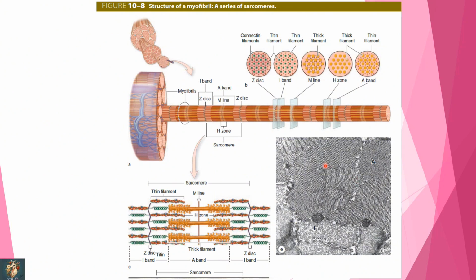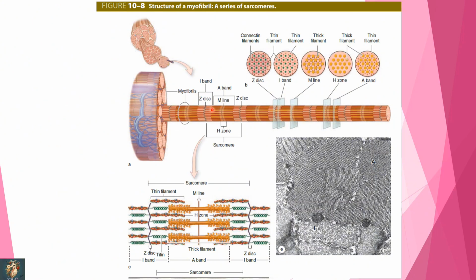Again, you can see the cross striation, the structure of the myofibril, and a series of sarcomeres. The lighter area over here, when studied with polarizing light microscopy, is isotropic to the polarized light, meaning it does not change the direction of the polarized light.